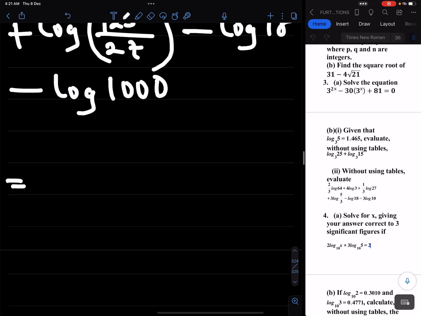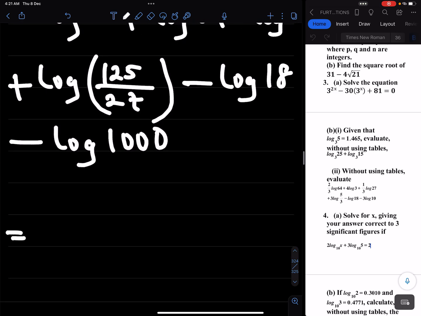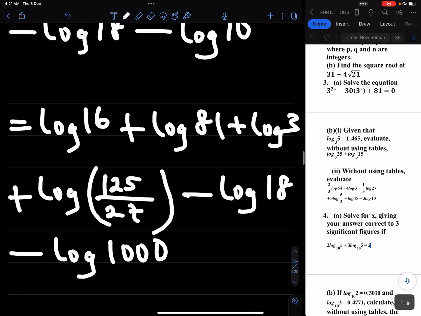And that's going to be equal to, now we can apply another rule of logarithm, which will now give us log 16 times 81 times 3 times 125 over 27.